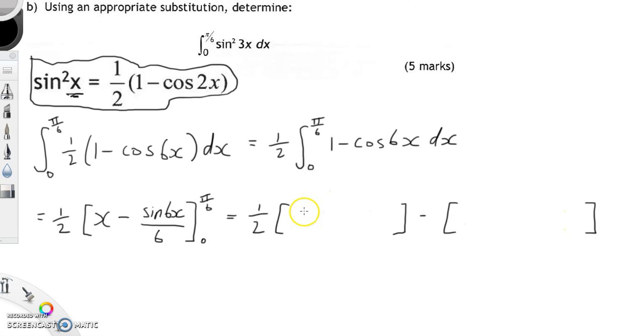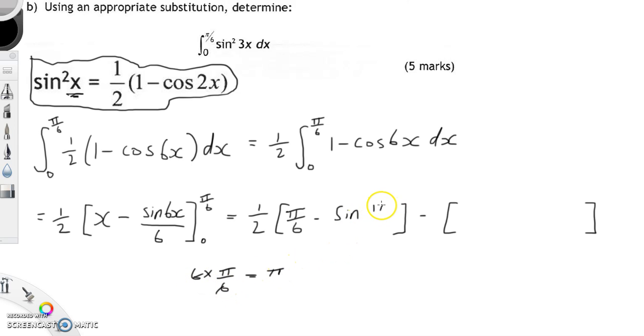In the first bracket, we're going to have pi over 6 subbed in instead of x, minus sine of 6 times pi over 6. The 6's will cancel, and we're left with pi.